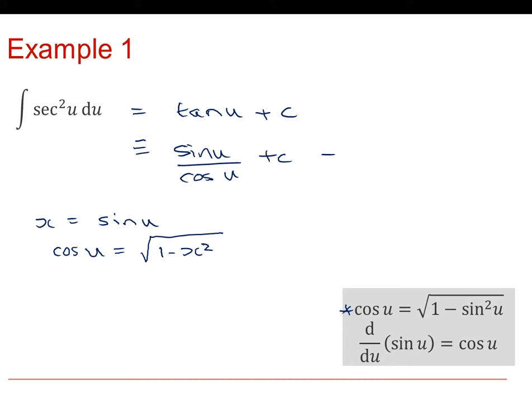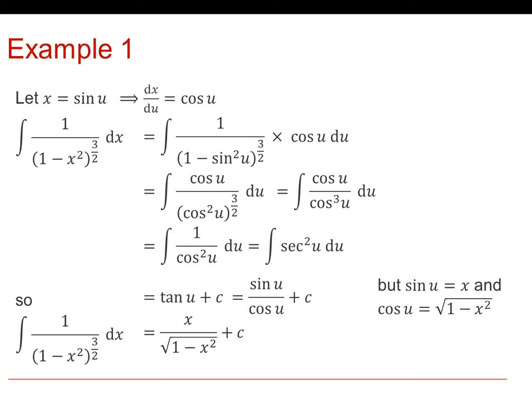Therefore, replacing those sine u and cos u with terms in the original variable x gives us x over the square root of 1 minus x squared plus c. Hence, the solution to our original integral is x over the square root of 1 minus x squared plus c. You could check this by differentiating this expression.